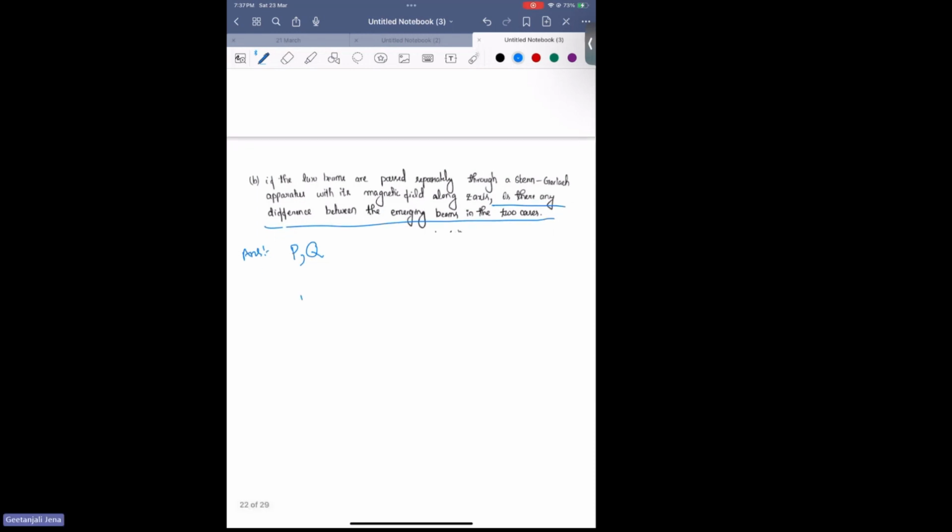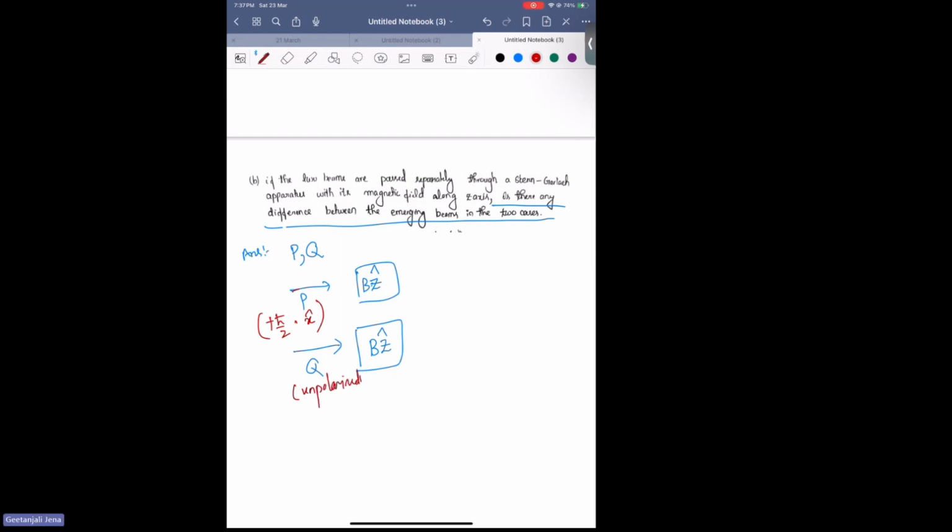So beam P is passed through a Stern-Gerlach apparatus with B equal to Bz cap, and similarly beam Q is passed through the same apparatus. Then it is asking whether you will be able to differentiate between these two beams or not. It is given that the atoms in P are plus h cut by 2 oriented along the x cap direction, and Q is unpolarized.